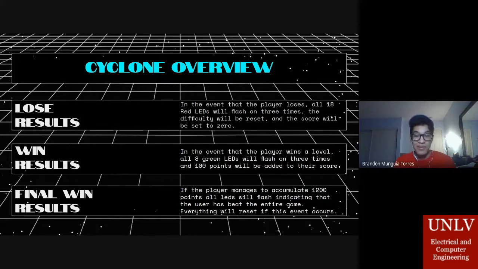And then conversely, if they win a level, the same thing happens, but with the 8 green LED lights to showcase that the player won the level, and then they'll get 100 points for winning that level. And then lastly, there is a way to actually beat our Cyclone game. If you get to 12,000 points, if you accumulate that amount, you technically beat the whole game, and then the game restarts from 0, and you start over.